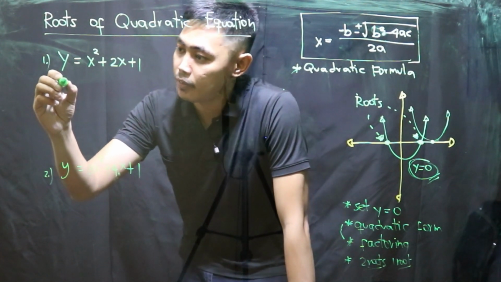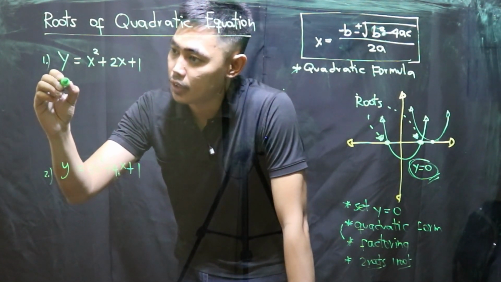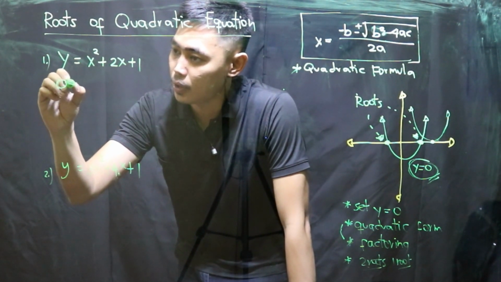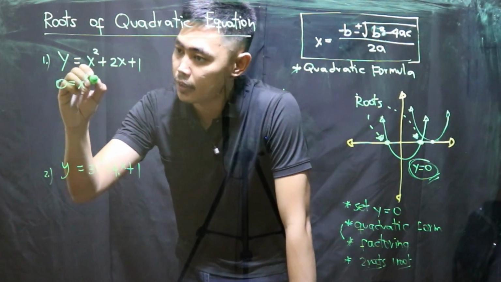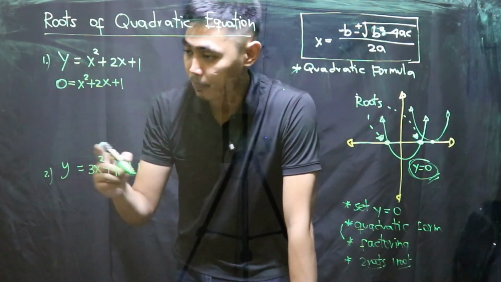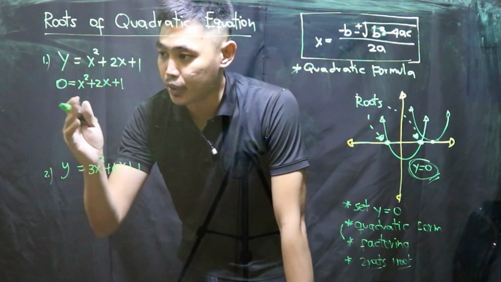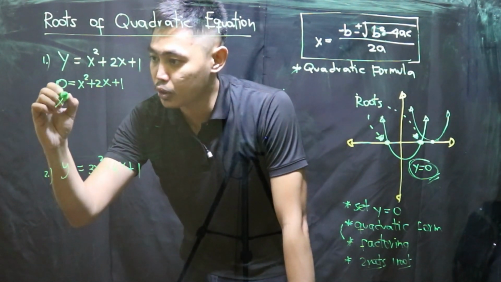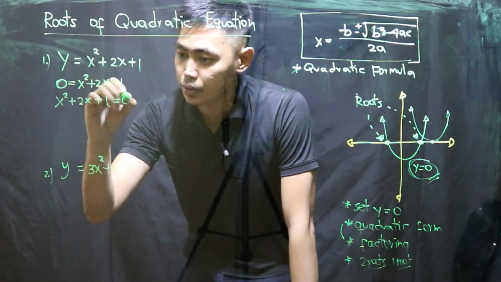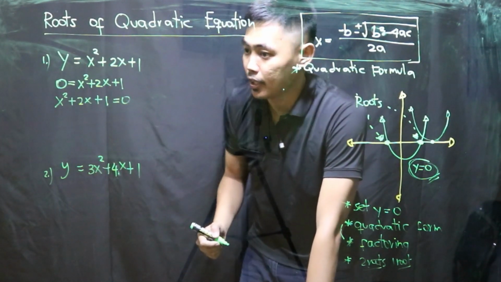So let's have 0 is equal to x squared plus 2x plus 1. Or we can reverse this one: x squared plus 2x plus 1 is equal to 0.